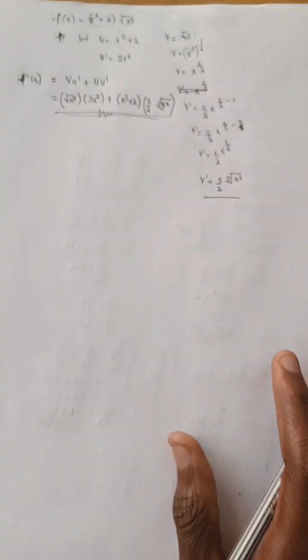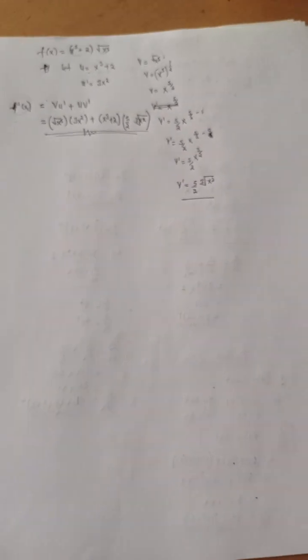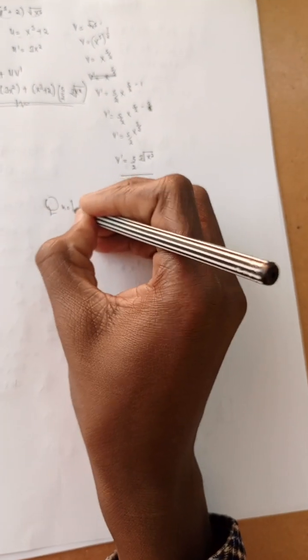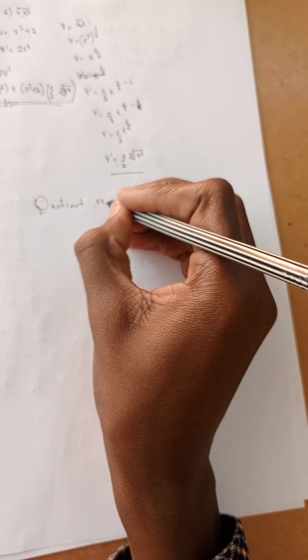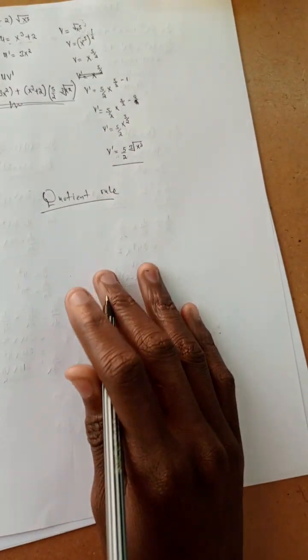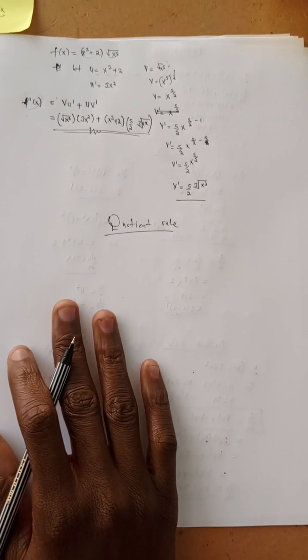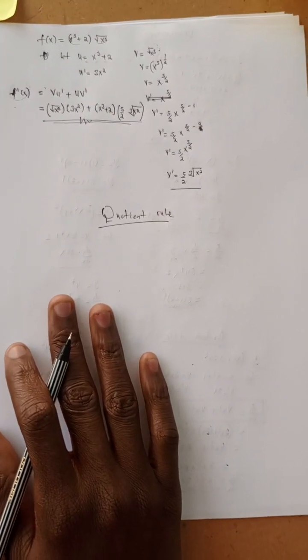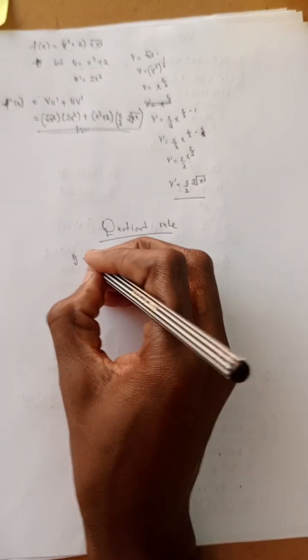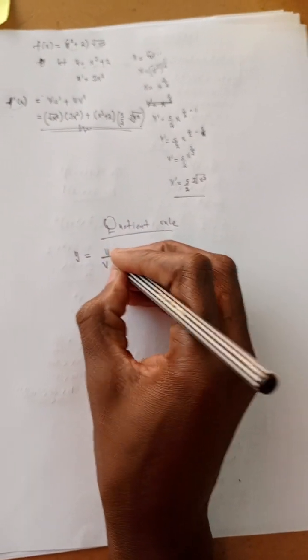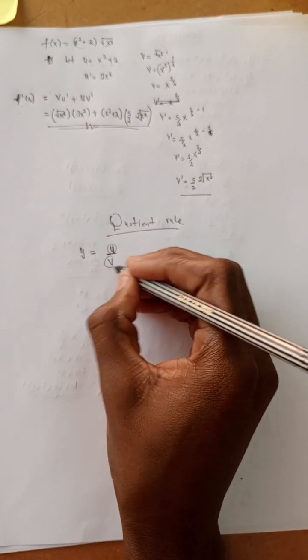So I think for this video we'll only cover up to the quotient rule, then I'll come back later with part 2. So lastly, let's look at the quotient rule. Quotient is simply division of two functions. So for instance, you're given u over v, where u is a function and v is a function.